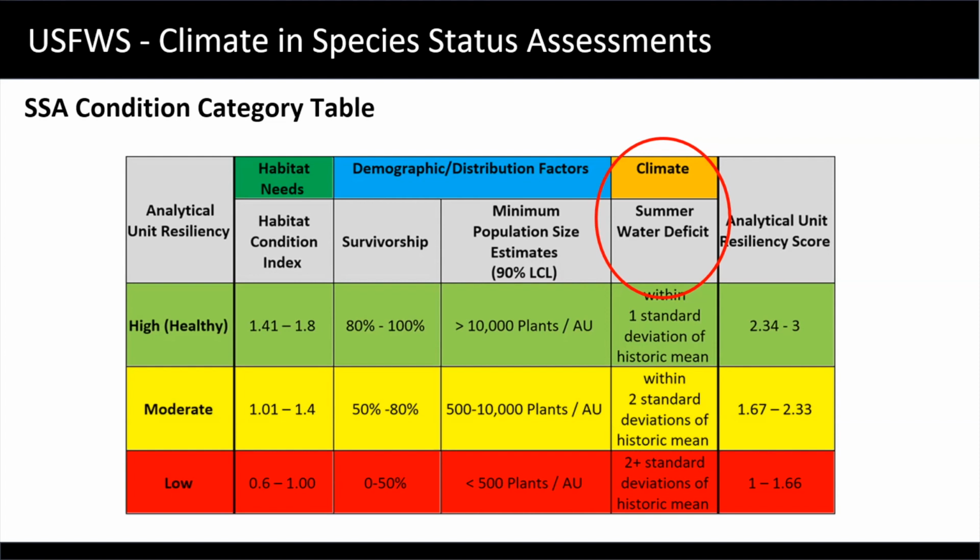So we used the climate toolbox looking for something that could tell us about historic, current, and future soil moisture conditions for the species. Summer water deficit is a combination of multiple climate variables that represent both the supply and the demand for water. So we use that as a proxy for drought and soil moisture, and ultimately telling us the availability of water for the species. Next slide.